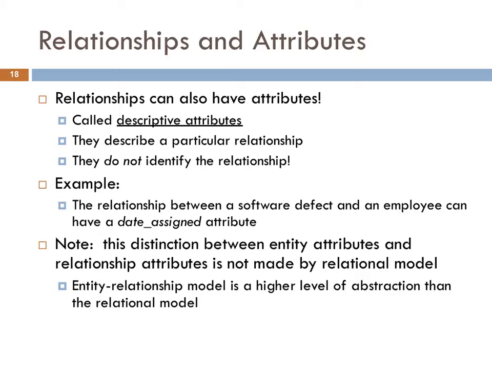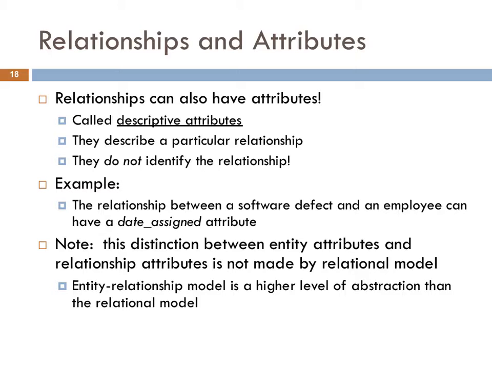Already you can clearly see that we've taken a step up the abstraction hierarchy because we're distinguishing between entity sets and relationship sets, and that there are different kinds of ways that we might relate values in different tables. Okay? Because it turns out that entity sets map to relations. It's really obvious how entity sets map to relations.